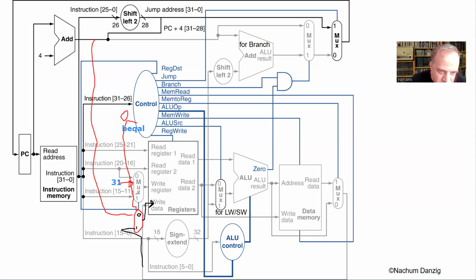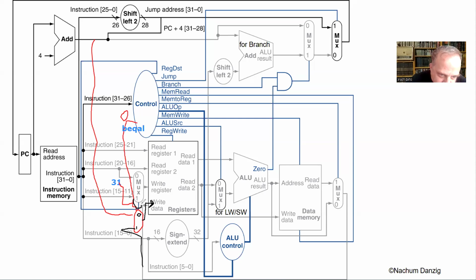If this was 0 and this is 1, well, you know what? I don't like the way I drew that. Let's get rid of that and draw it again. Let's say the 31 comes in down here. And the mux has to be made bigger, because the mux only has the possibility of 2 inputs. So let's make it bigger.